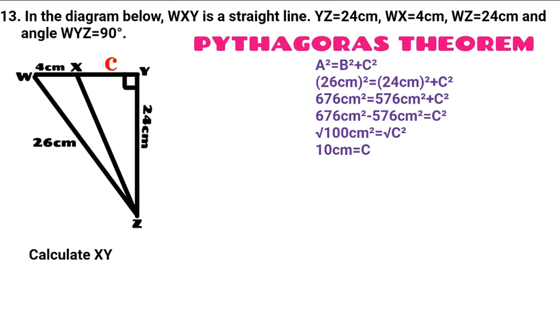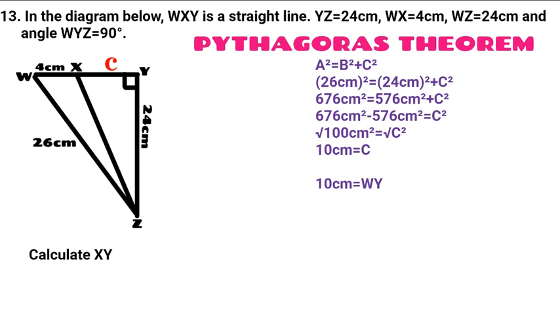Now, like I said earlier, 10 centimeter is equal to WY, the distance from W to Y. You can check on the diagram where there is W to Y. When you look at this distance, you see it is divided into two parts: we have WX as well as XY.